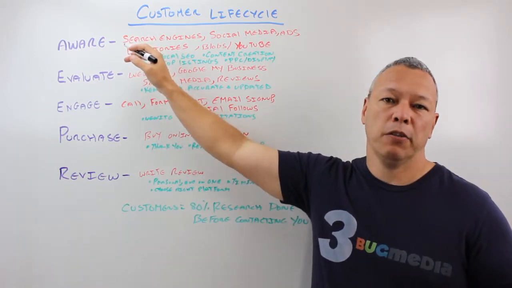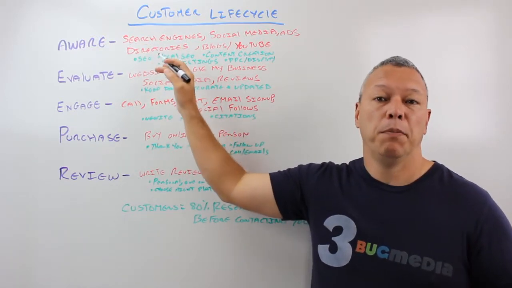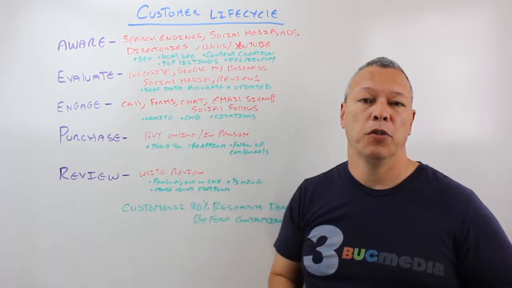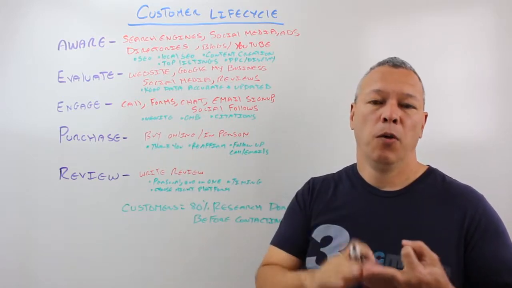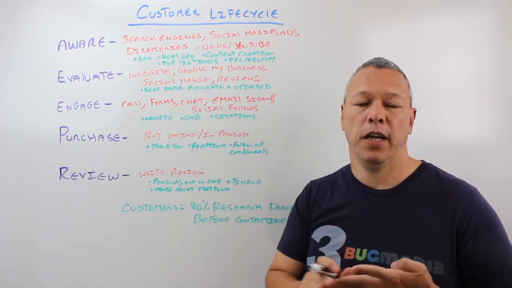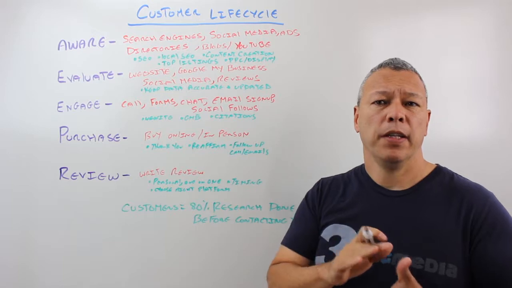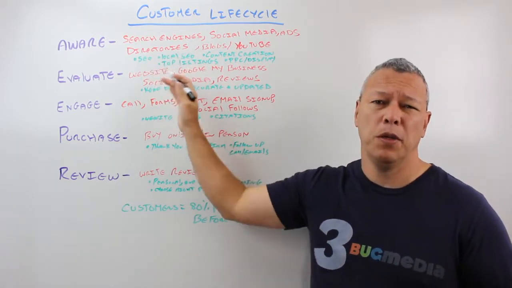Same thing with online directories. Make sure you participate in the top listings for your industry. Most of those are going to be Google My Business, Yellow Pages, HomeStars if you're a service business in Canada, or Angie's List if you're here in the States, Yelp, things like that. You may have different criteria, but those are some of the top ones.